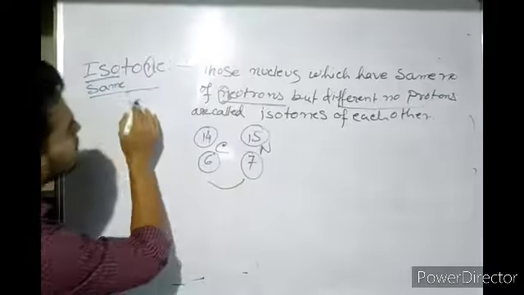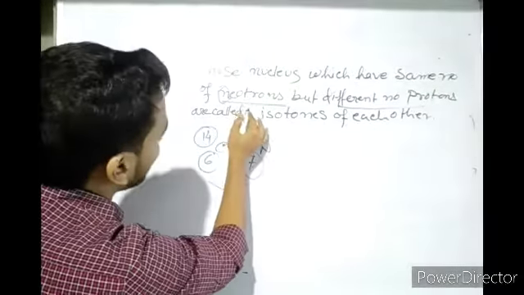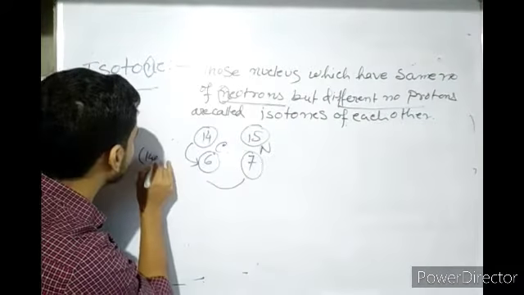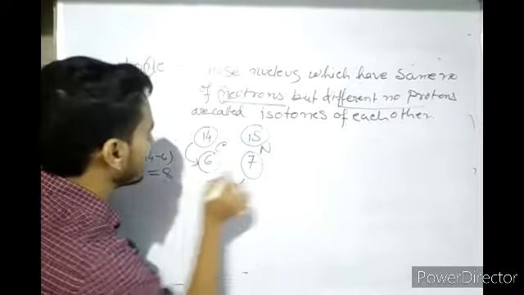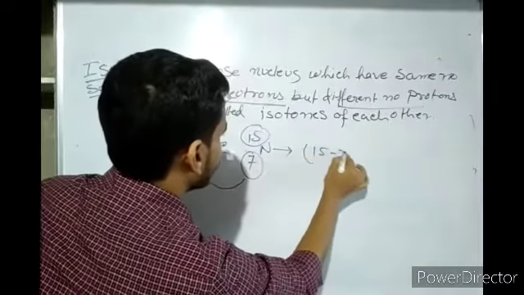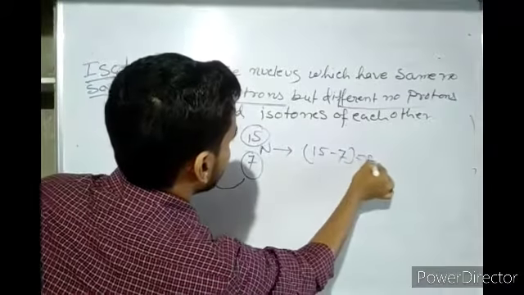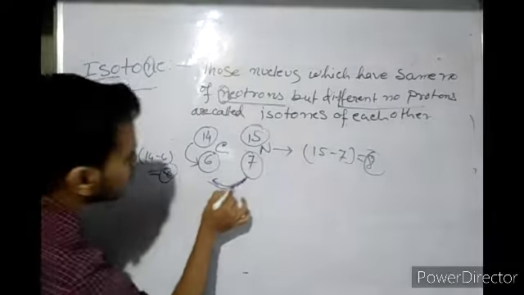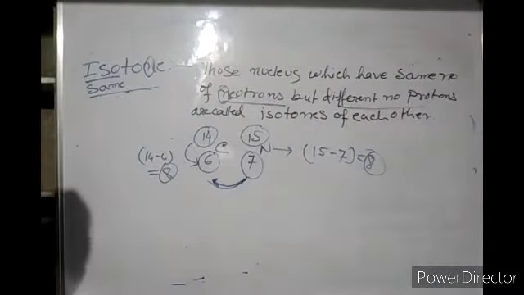But in isotone, the number of neutrons is the same. Here the number of neutrons is 14 minus 6 equals 8, and here 15 minus 7 equals 8. The same number of neutrons is present, so these two nuclei are called isotones of each other.